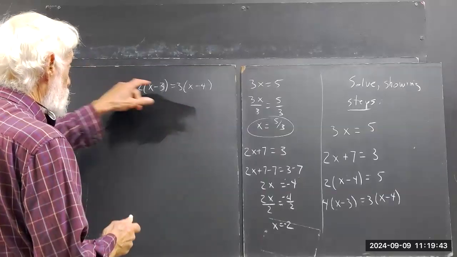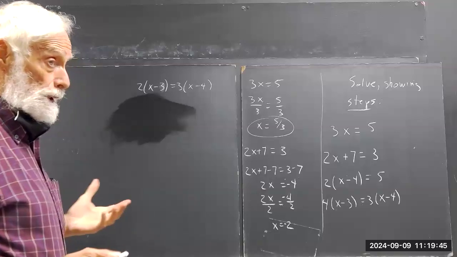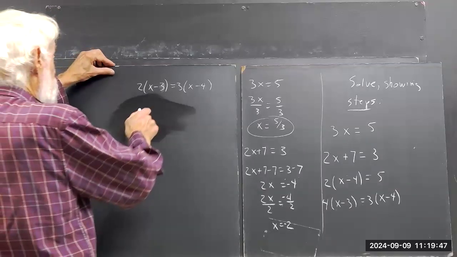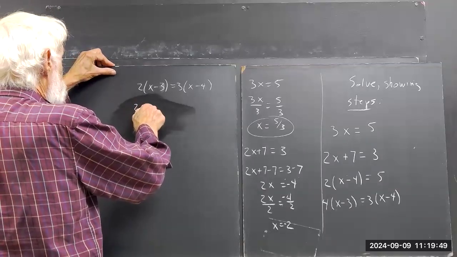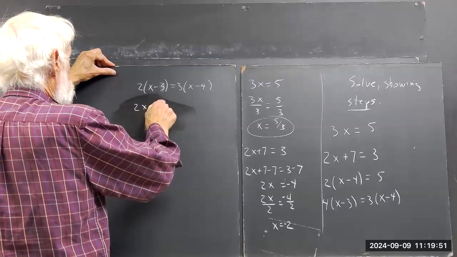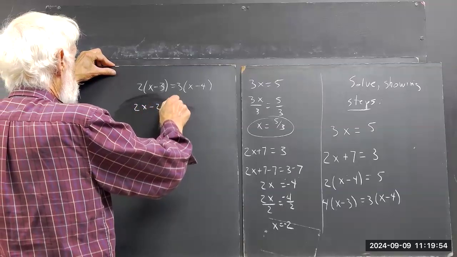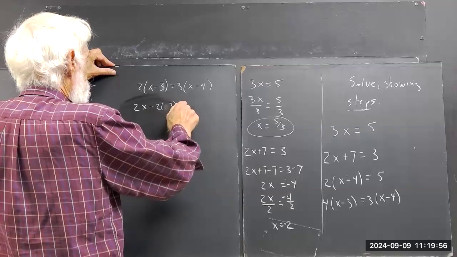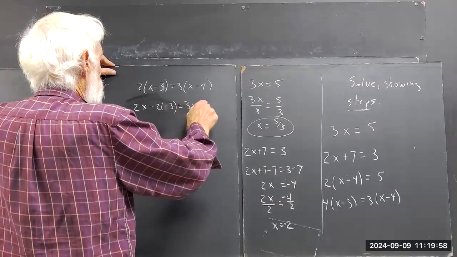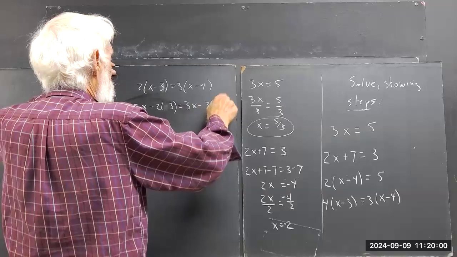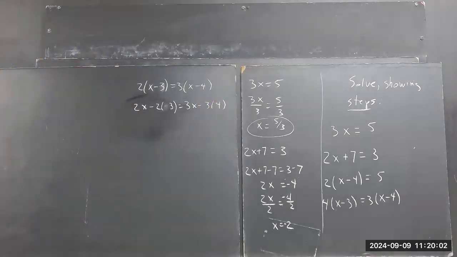As long as you multiply the 2 by the negative 3 and get that right, it's okay. But I'm going to write it out literally. This gives us 2x minus 2 times 3 equals 3x minus 3 times 4. Okay.